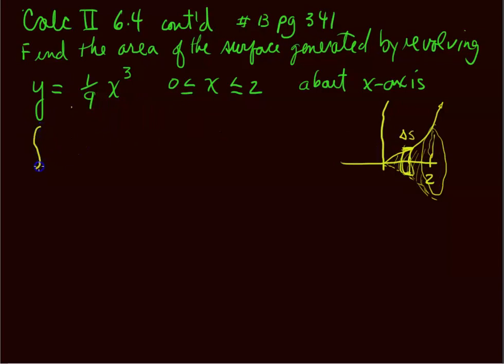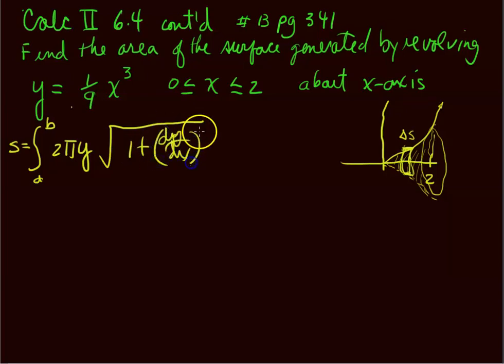So we're going to use the formula from A to B. This is surface area: 2 pi y square root of 1 plus dy dx squared dx.